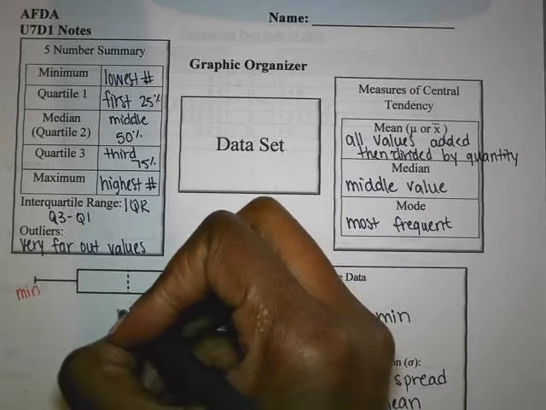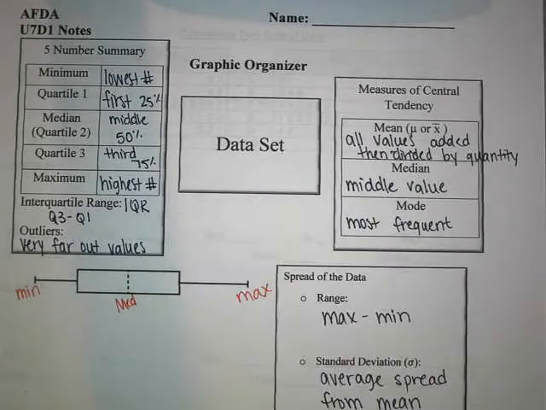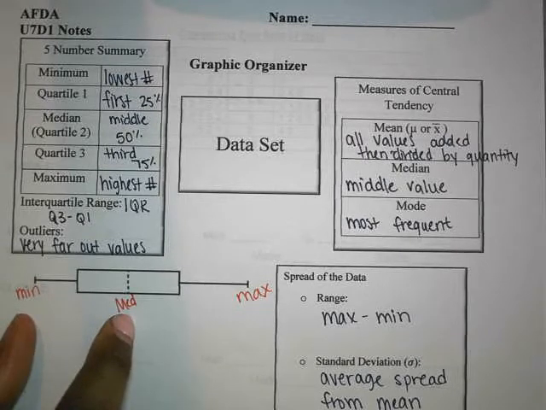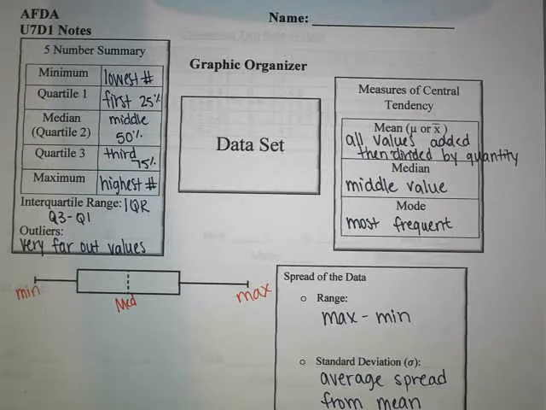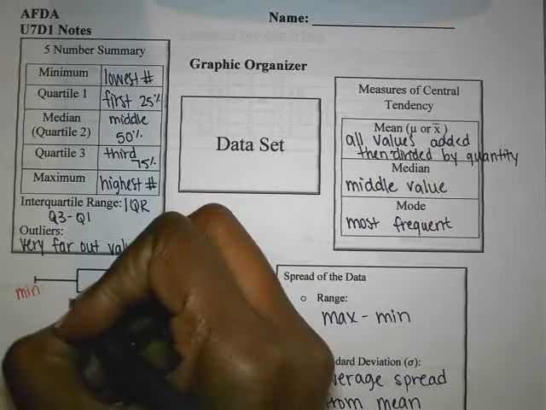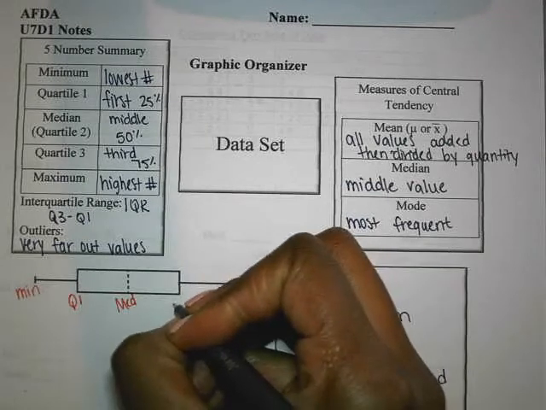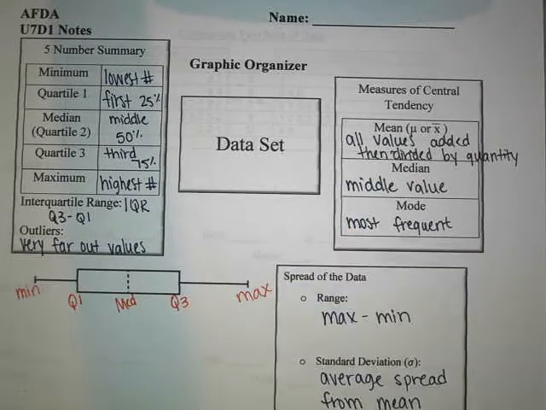Next, I always do my median because that is directly what's in between all of your data. And your first quartile is as if we're taking our first half of data and dividing by however many numbers we have. It's basically finding the median of the first half. So this would be your first quartile, and this would be your third quartile.